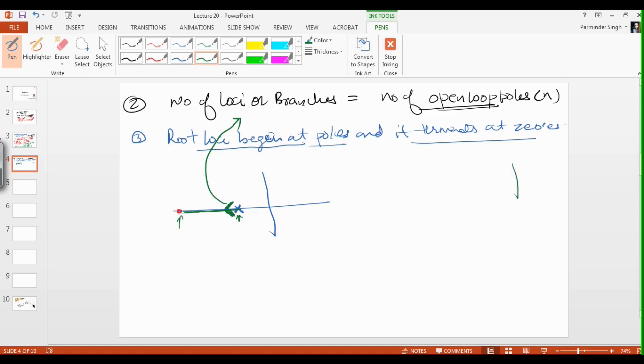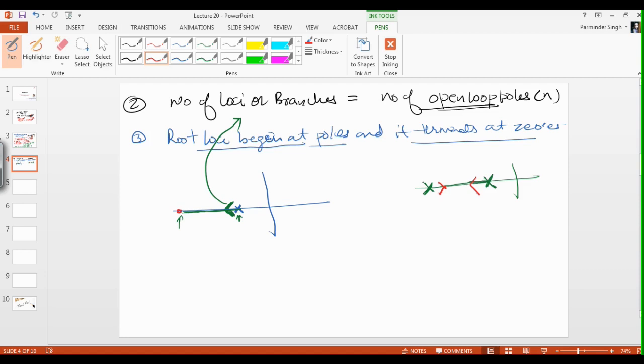Now suppose we have two poles. Two poles mean two loci, so there should be two loci here. Now rule number 3 says loci start from poles. So one locus will start from this pole, one locus will start from this pole.